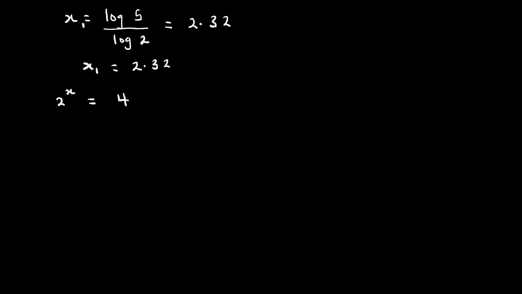So 2 to the power of x equals 2 to the power of 2. Obviously 2 to the power of 2 is 4, so we can cancel out the base and equate. So x equals 2. So this is the value of x2.